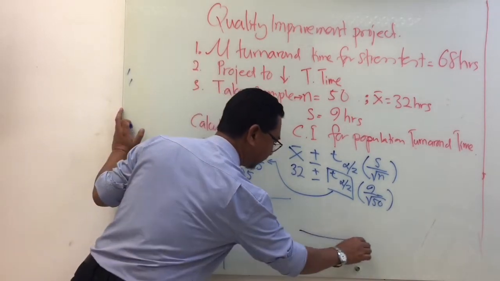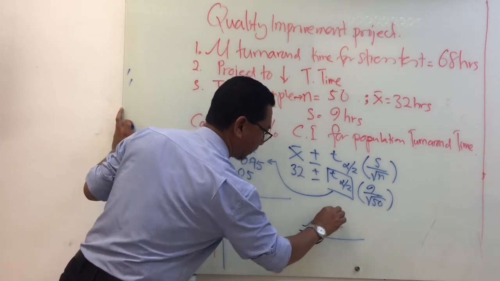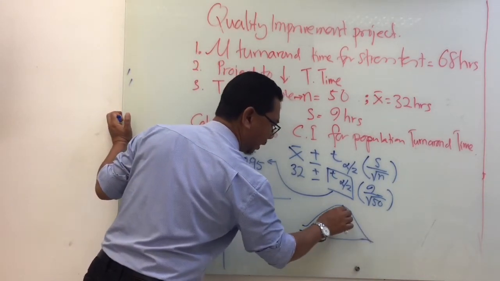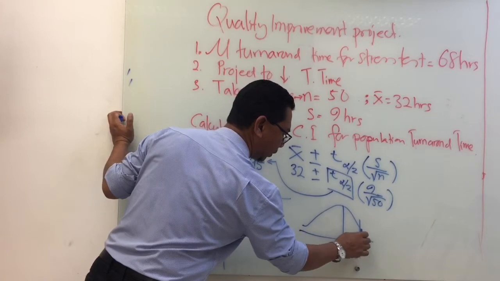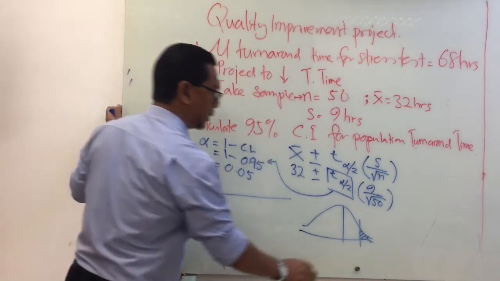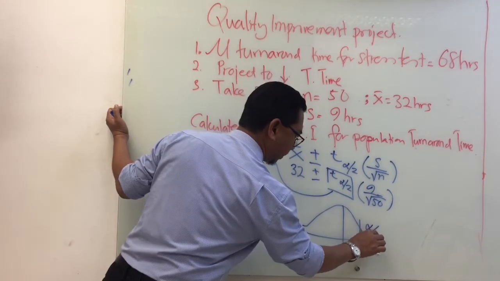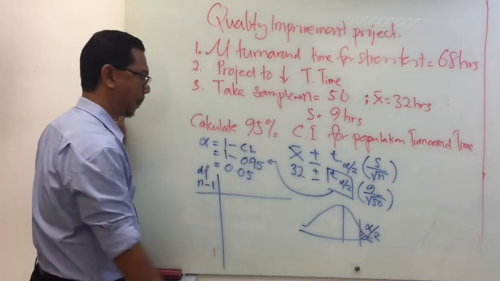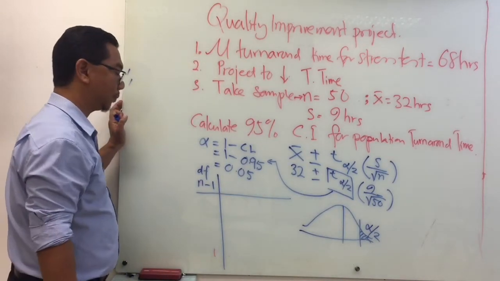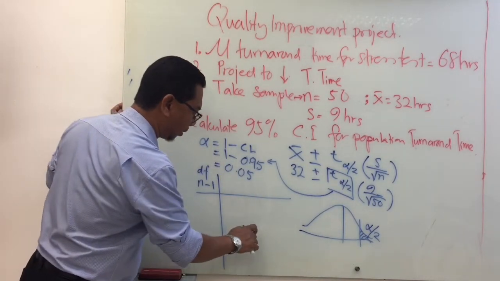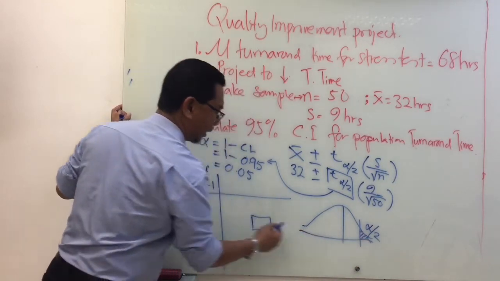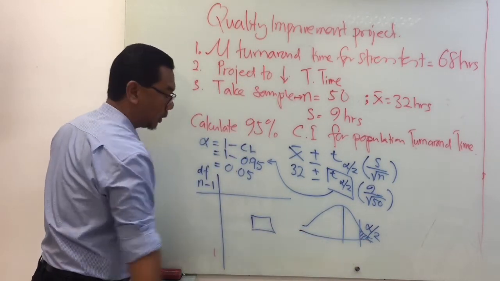This is the picture of the distribution. Here is the area for alpha divided by 2, meaning all the area here refers to alpha divided by 2.